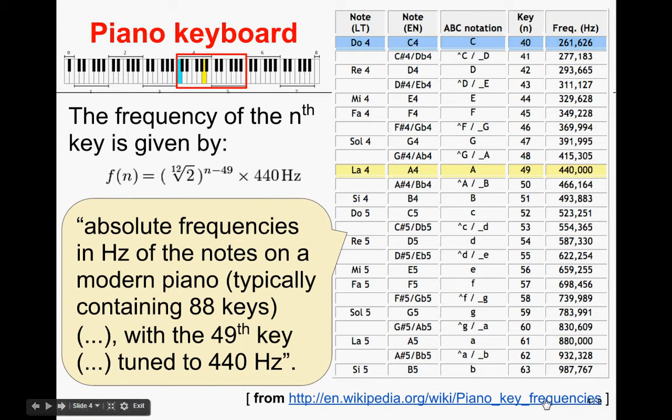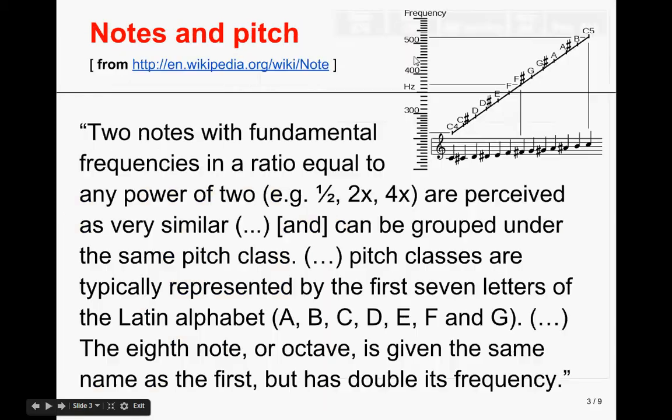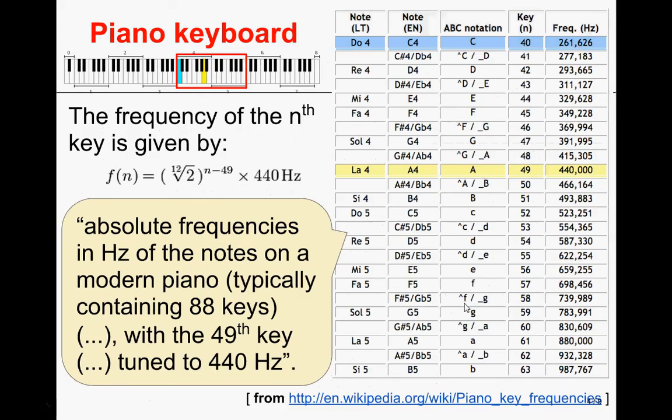This table was extracted from the Wikipedia page indicated here, but it is also obtained from the application of this formula, which relates the position of each key in the piano keyboard to its frequency. You shall notice that this column here presents the musical note using this notation that I have just included here, and which is the most common in the English language.